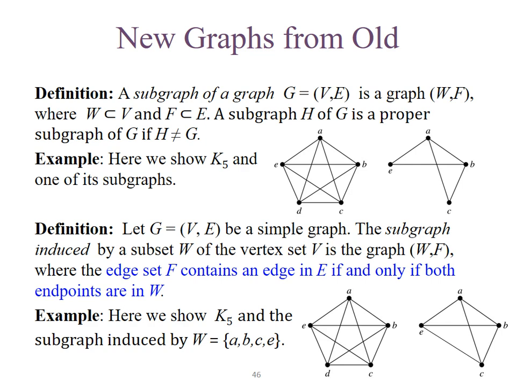We already selected C and E, so in the induced subgraph, you must choose the edge here. For an induced subgraph, you can arbitrarily choose how many vertices, but once you choose the vertices, then the edge set is determined. You cannot choose arbitrary vertices and arbitrary edges, like in the original definition of subgraph. Is that clear enough?